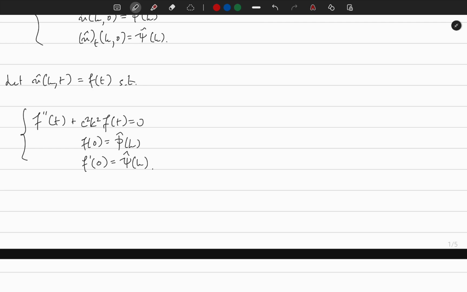So, pulling out the characteristic equation of this differential equation, it's going to be m squared plus c squared k squared is equal to 0, which implies that m is equal to plus or minus ick, and by our knowledge from differential equations, the general solution of this will be f of t equals a cosine of ckt plus b sine ckt.